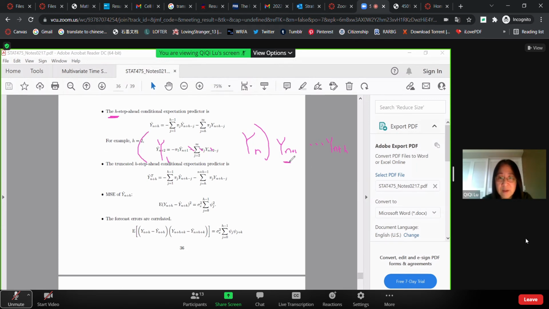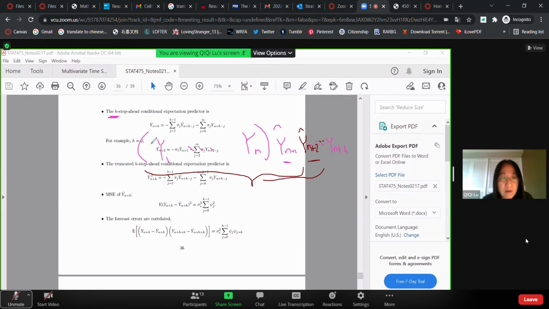You can find this one here, right? And then you treat everything as given. You find n plus 2 ahead. So this is the one step ahead of y1 to y n plus 1, right? And then you treat everything as known and forecast y n plus 3 and so on.